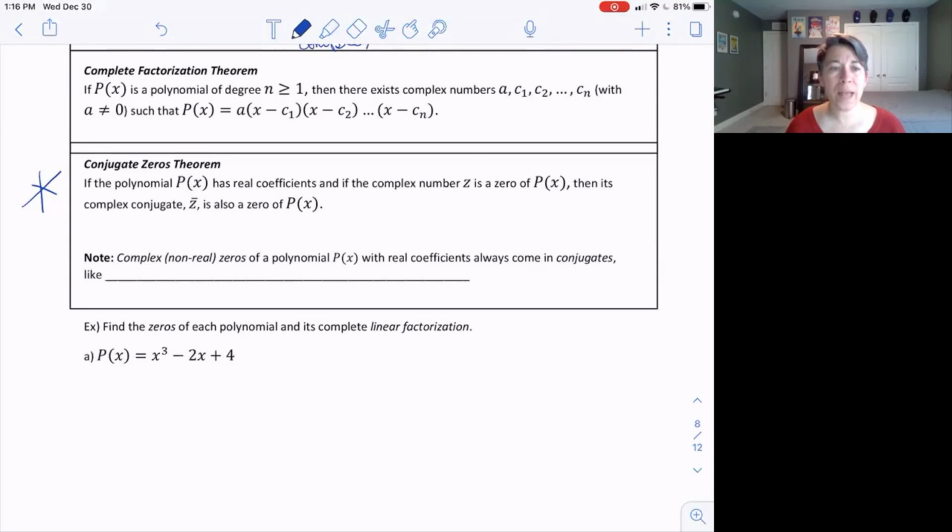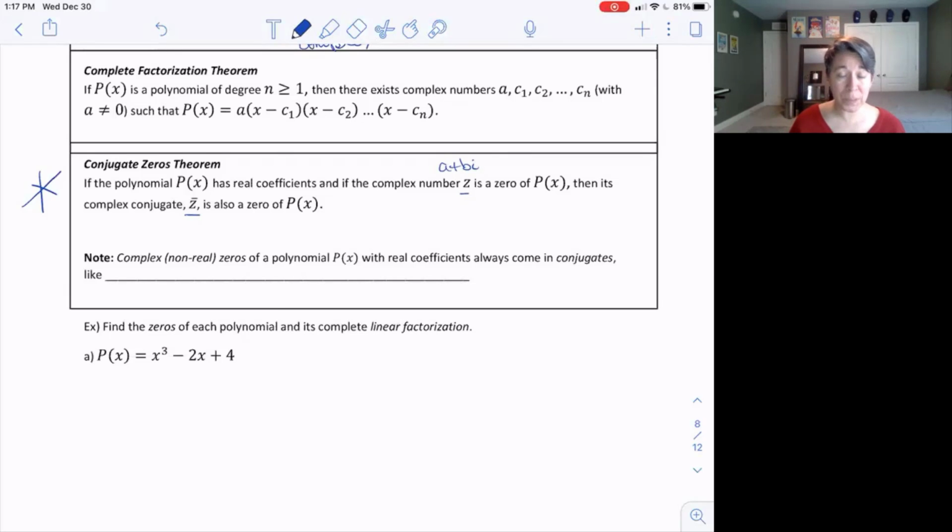If the polynomial has real coefficients, and if you do find out that you have a complex number as a 0, they're calling that number z. Remember, like a plus bi. It's a complex number, and we find out that it's a 0. Then its conjugate, noted by z bar over here, is also a 0.